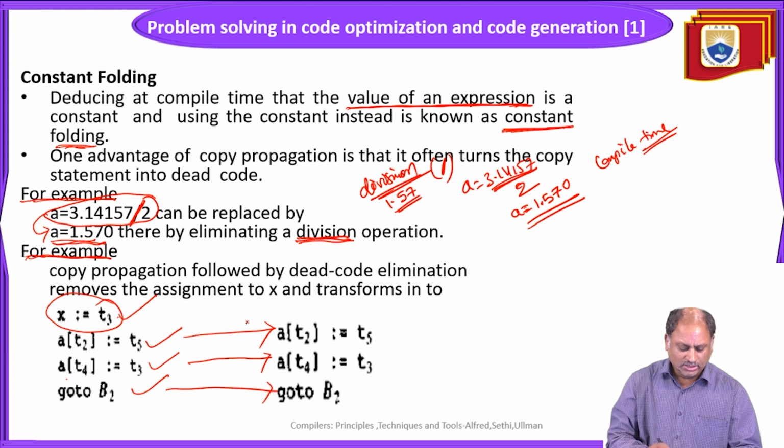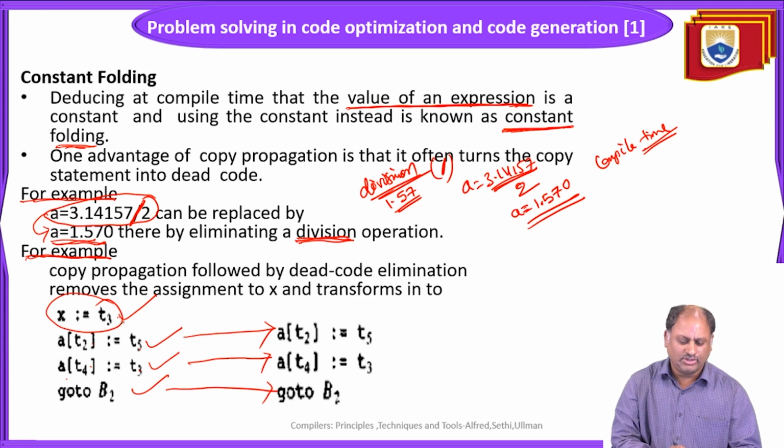Why? Because if you assign the t3 value to x, it doesn't affect the remaining lines of code. That means whether we assign to x or y or any other variable, t5 is assigned a of 2 and t3 is assigned go to b2. So the presence of this line of code is dead code.